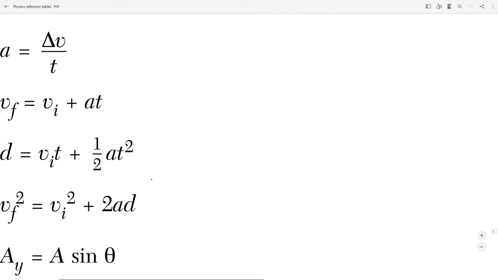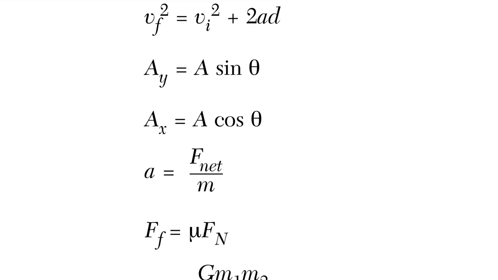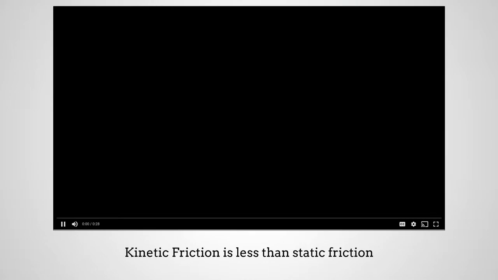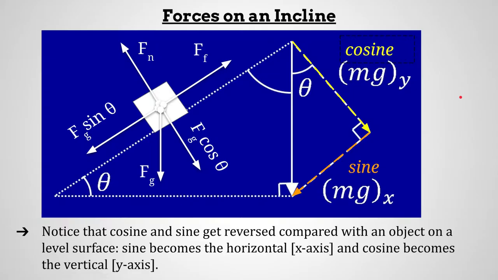If you're pulling something at an angle, to find how much force applies in the x direction, we use cosine, and in the y direction, vertically, we use sine. But on an inclined surface, at an angle or tilt, the trigonometry gets reversed.